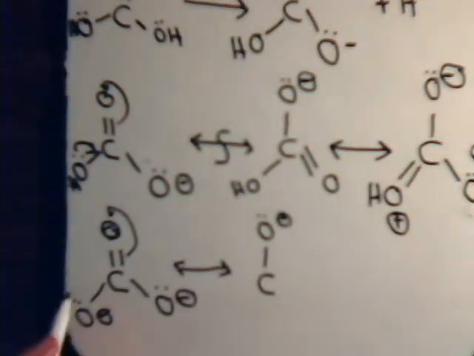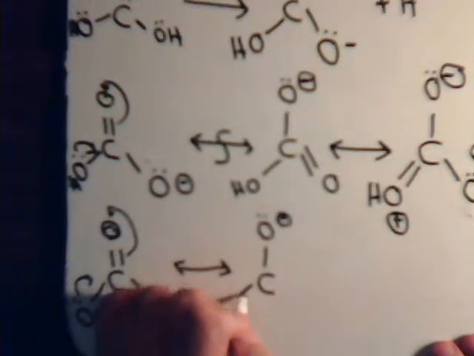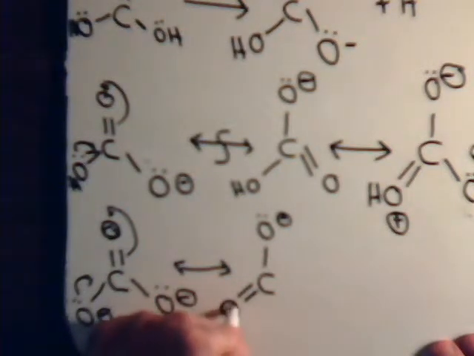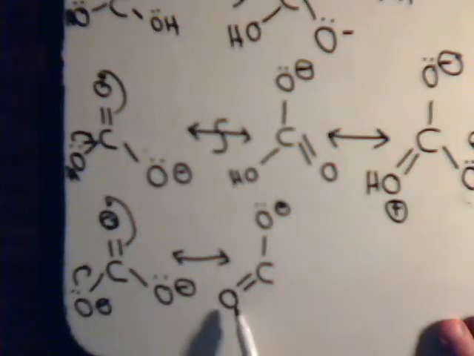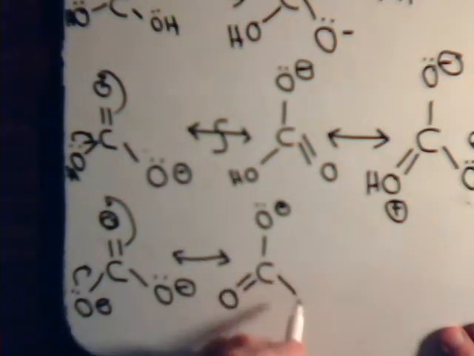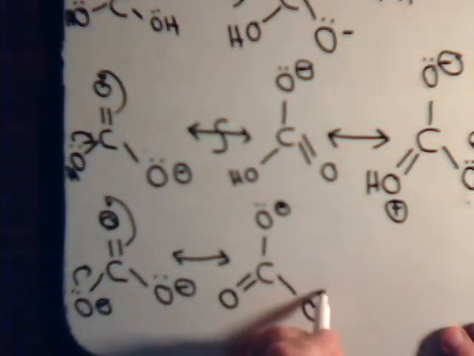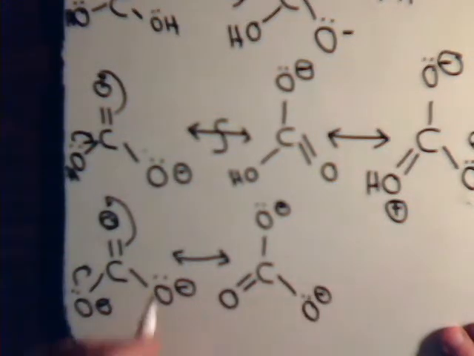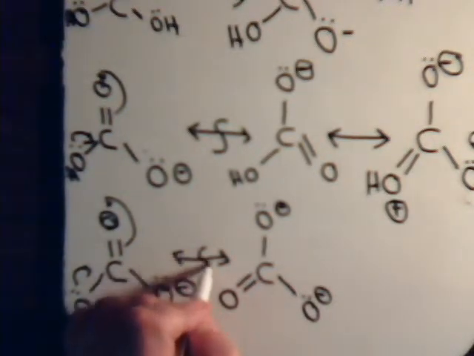Now, this oxygen can donate its lone electron pair to form the double bond with carbon. So what we would have is that double bond. This had a negative charge. It put up both electrons, so now it's neutral, and we have this one, with the negative charge it already had from the proton that it lost. These are symmetrical.